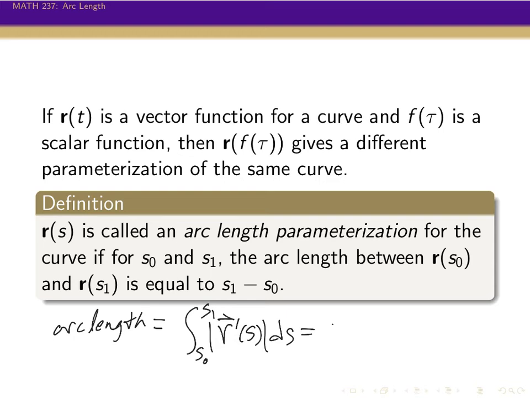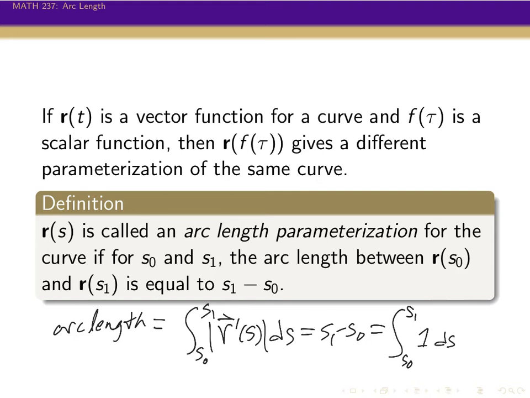And we're given that this is equal to s1 minus s naught. Well, I can think of another integral that would give me s1 minus s naught: integrating 1 ds from s naught to s1.